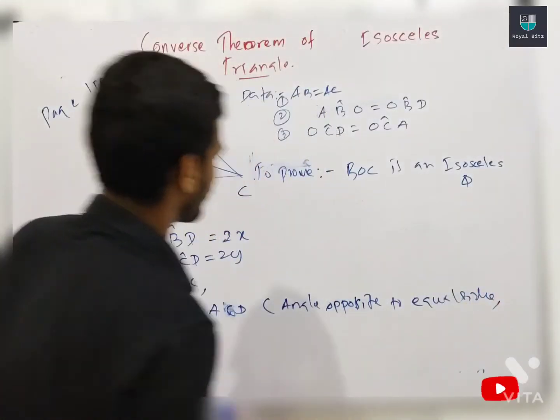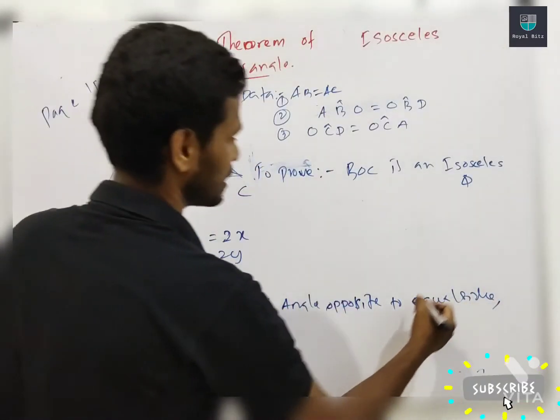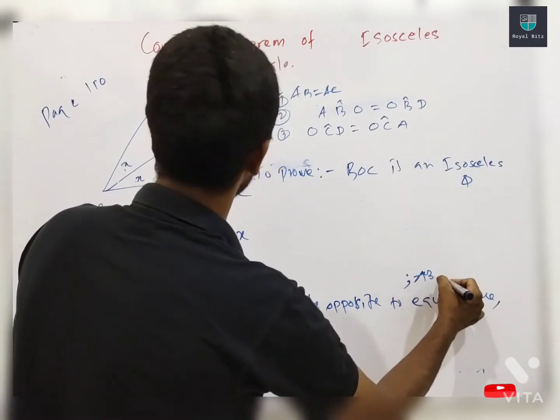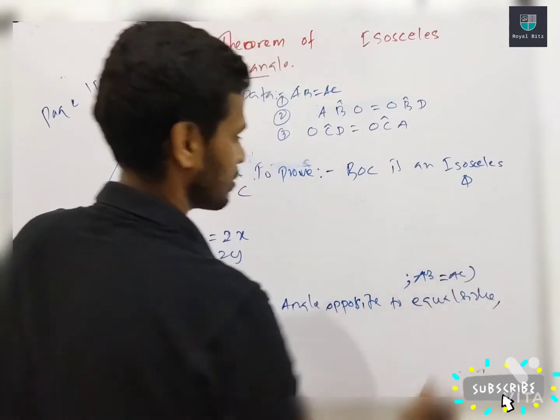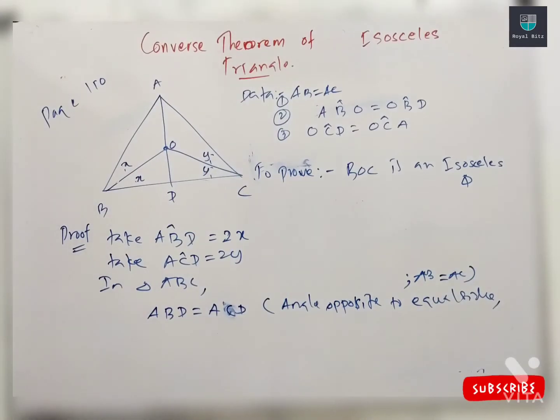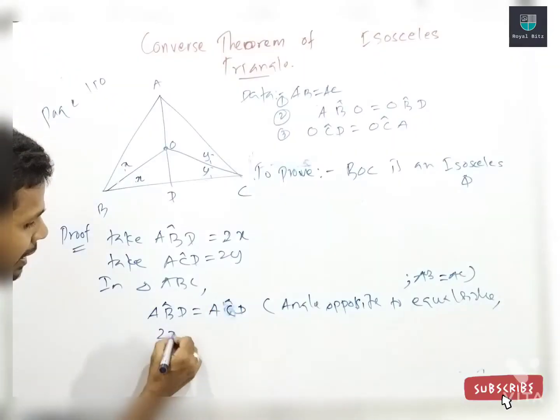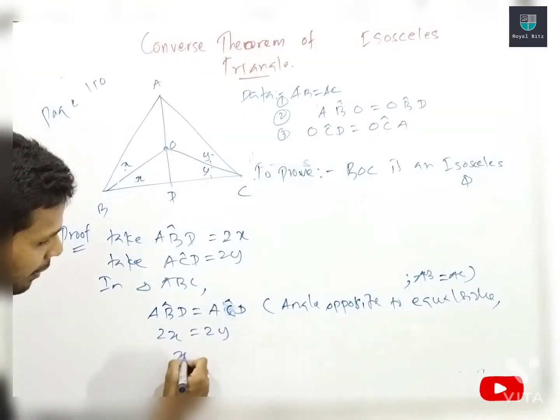If you want, we can say that side AB is equal to AC. Okay, good idea. So this is equal to 2x. This is equal to 2y. Therefore, x is equal to y.